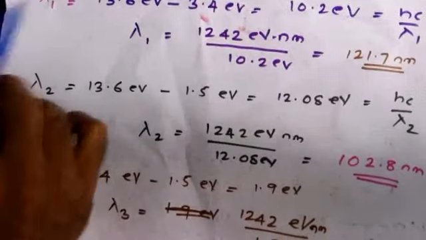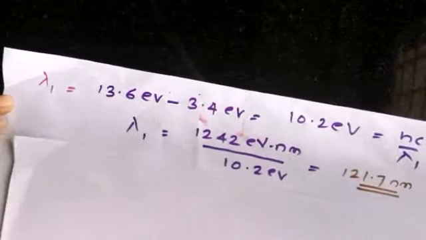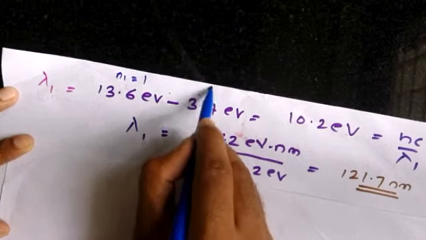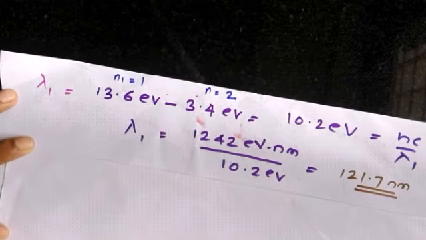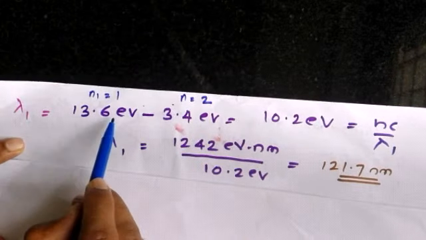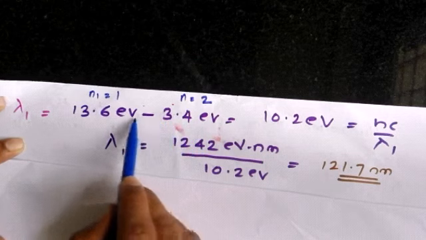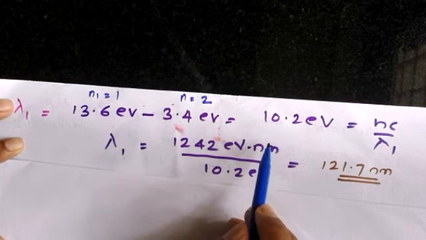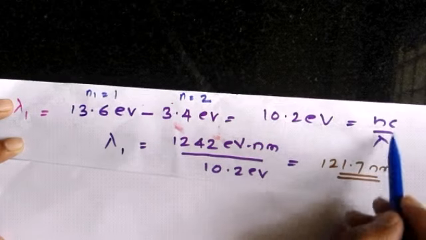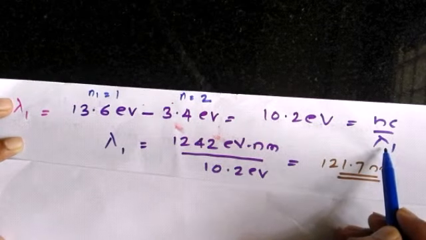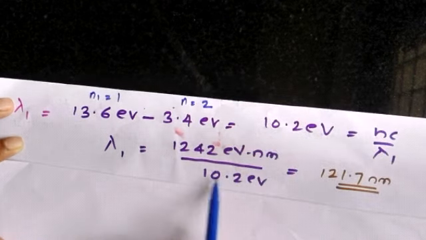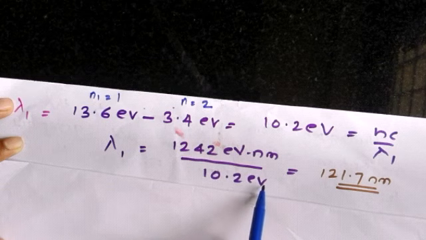For lambda 1, this is the energy difference between n equal to 1 and n equal to 2. This is the ground level energy and the second level energy, and the energy difference is 10.2 electron volt. Therefore, delta E is equal to hc by lambda, so lambda 1 is hc divided by 10.2 electron volt.